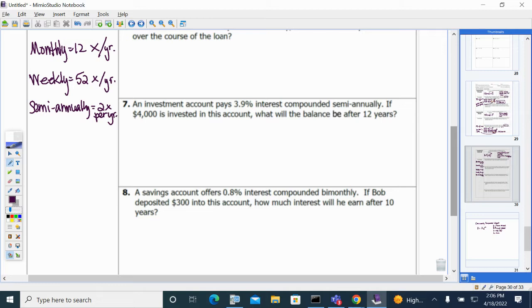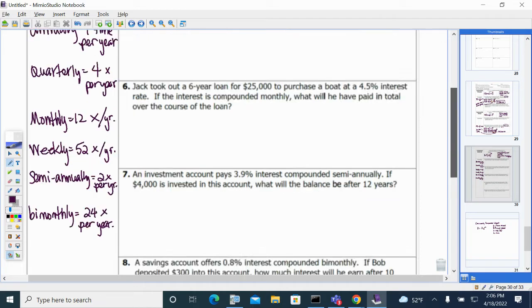So bi-monthly means 2 times per month. Which means 24 times per year. So you kind of have to know some vocabulary there. Let's look at a couple of examples.